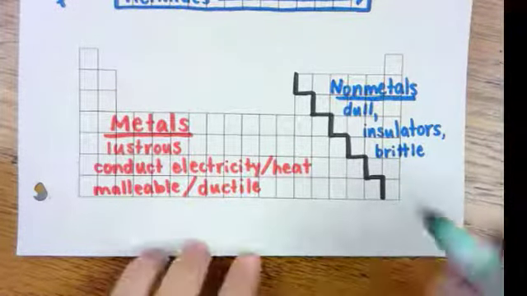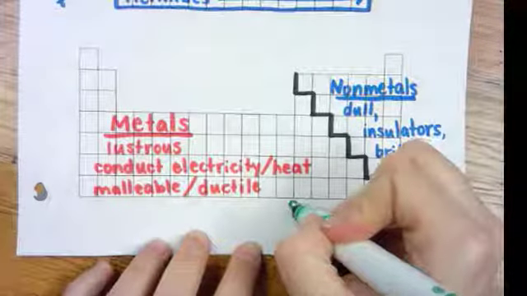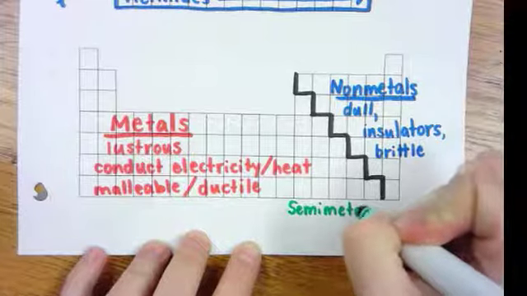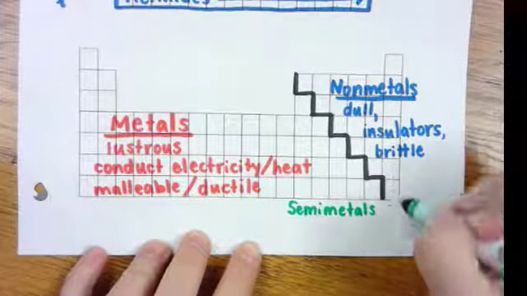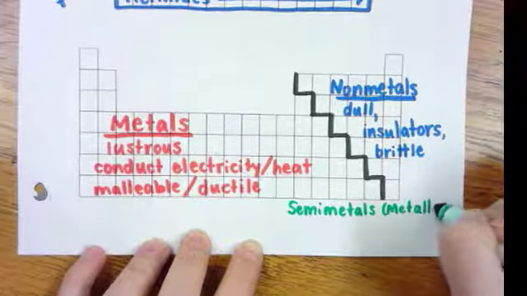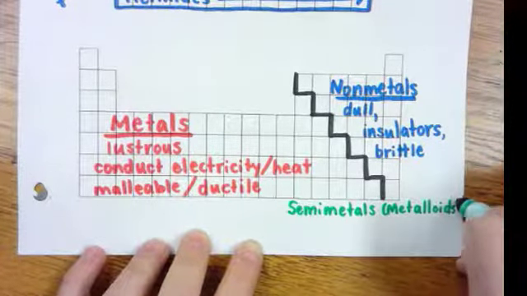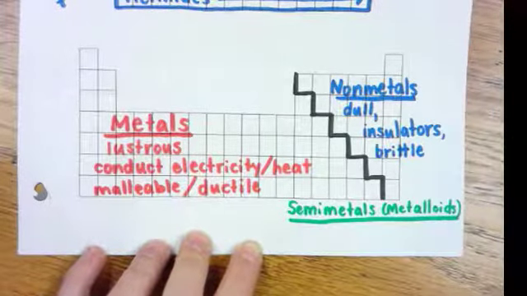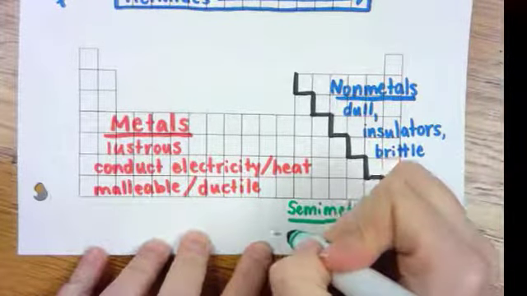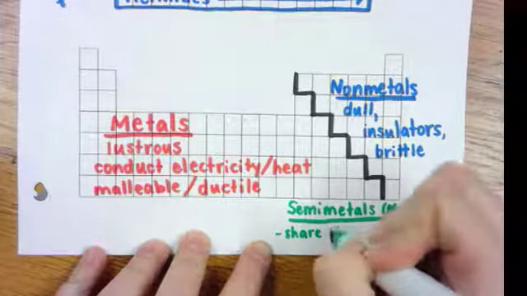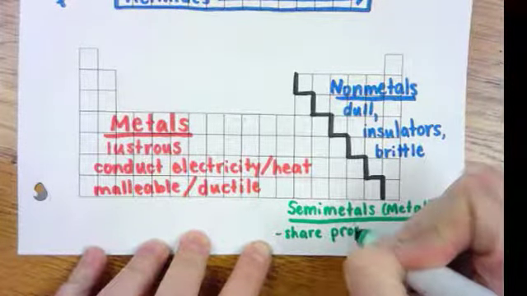And those are the semimetals, otherwise known as the metalloids. I'm going to list their properties down here at the bottom because I don't have enough space to write on the stairs. The semimetals and the metalloids share properties of both metals and nonmetals.